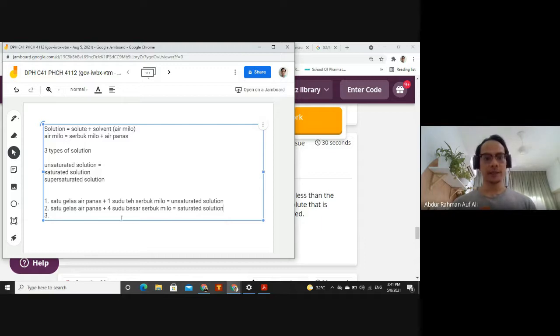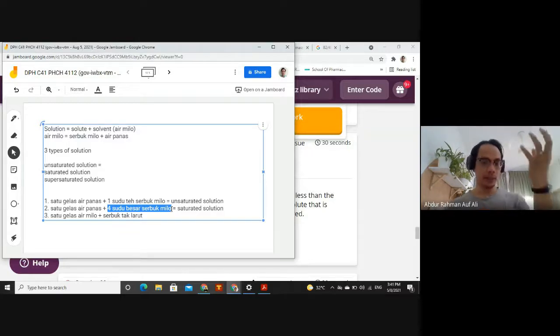Okay, this gelas Milo yang sama. Okay, yang saya dah masukkan 4 sudu besar serbuk Milo ni, yang tadi tak larut kan? Saya kacau lah macam mana lama pun, serbuk Milo akan timbul naik ke atas.